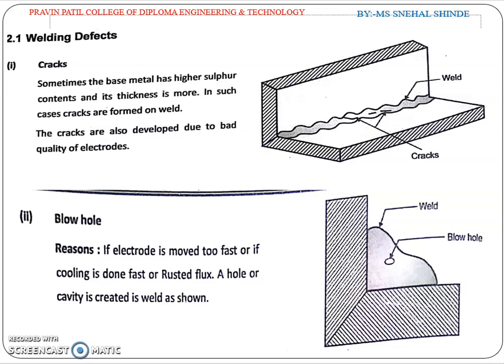Second is the blowhole. If the electrode is moved too fast, or if cooling is done fast, or with rusted flux, a hole or cavity is created in the weld as shown in the diagram.